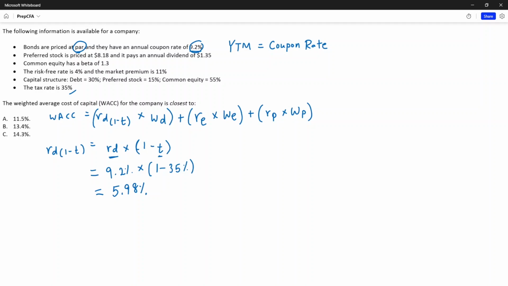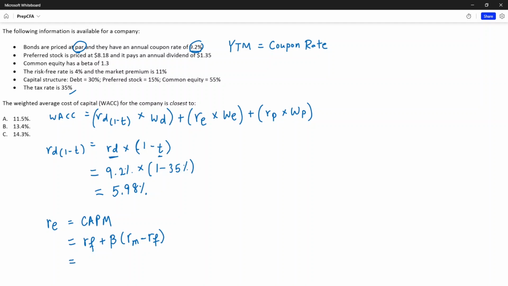Okay. Next, we find out our cost of equity, and the way we're going to do that is using CAPM, right? Because we have all the information from the question to apply CAPM. And the formula for CAPM is risk-free rate plus beta times the market risk premium, which is the return in the market minus the risk-free rate.